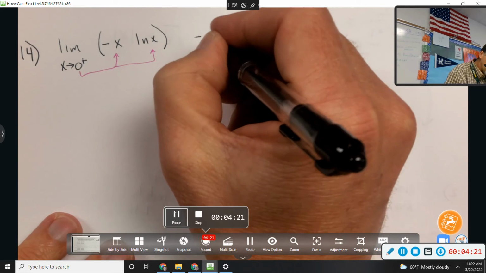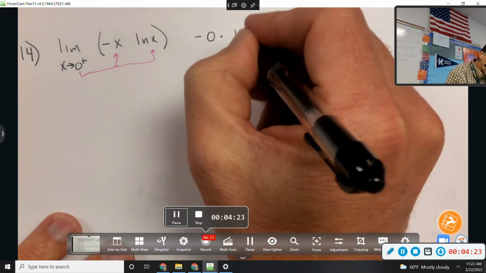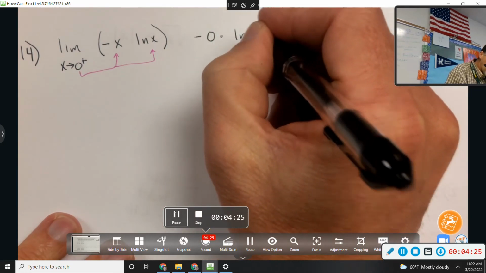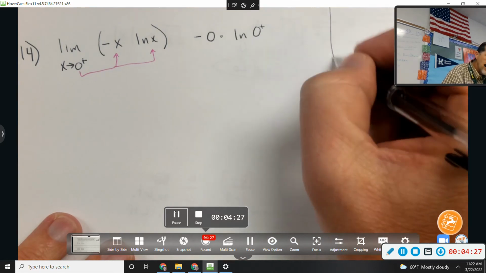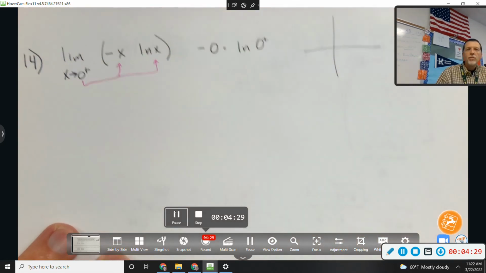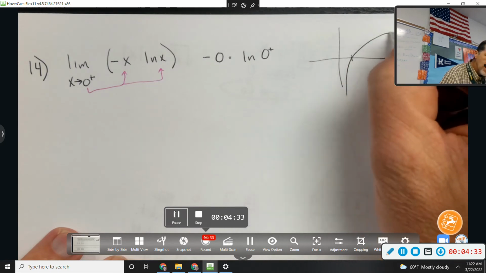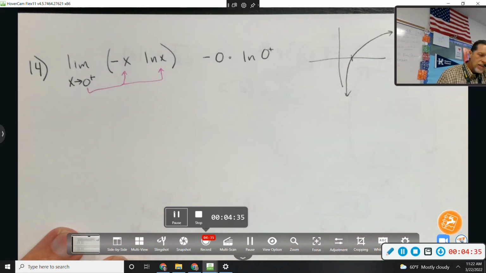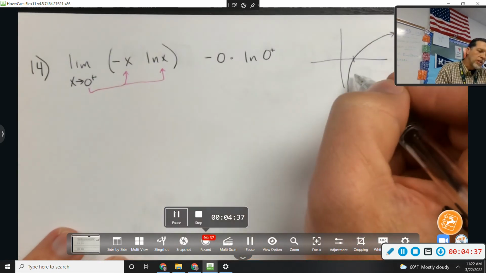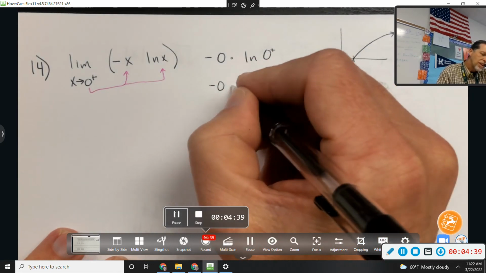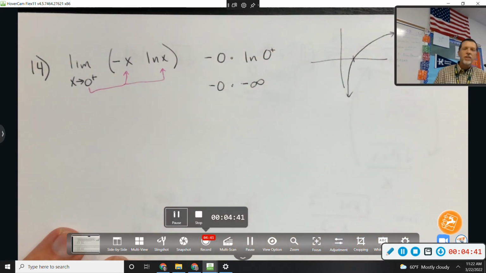So negative 0 times natural log of 0 plus a little bit. It'd be helpful if we knew what the natural log graph looked like. So the natural log of a little bit more than 0 is negative infinity.